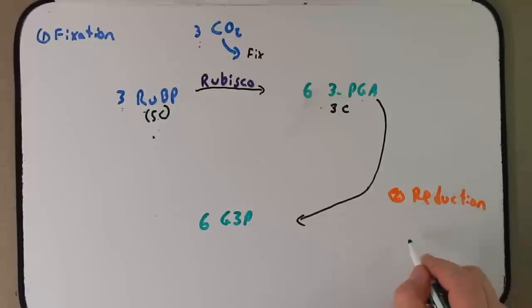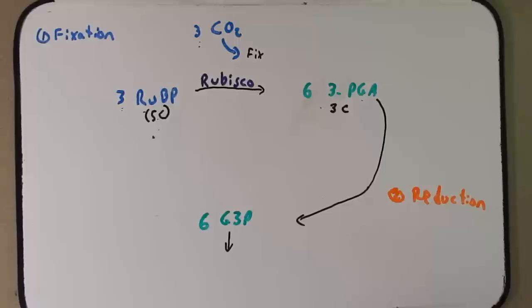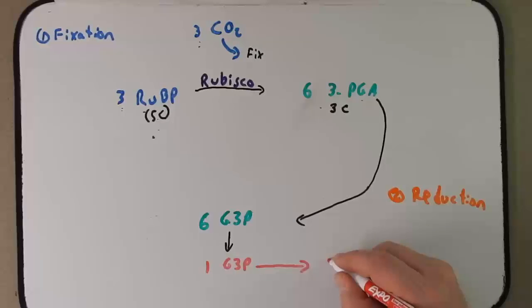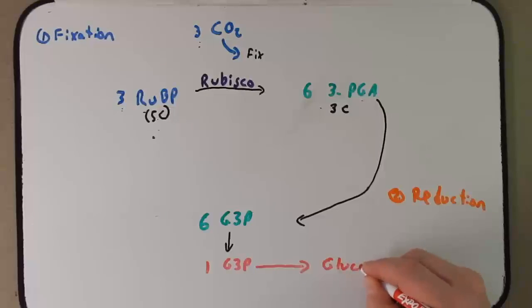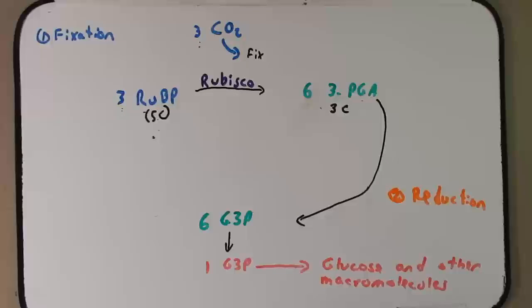Now this is where the reduction part of the reduction phase comes in. One of these 6 will be pulled out of the cycle. So one G3P molecule is pulled out, and through various other reactions will make glucose and other macromolecules. So we've reduced the total number here.